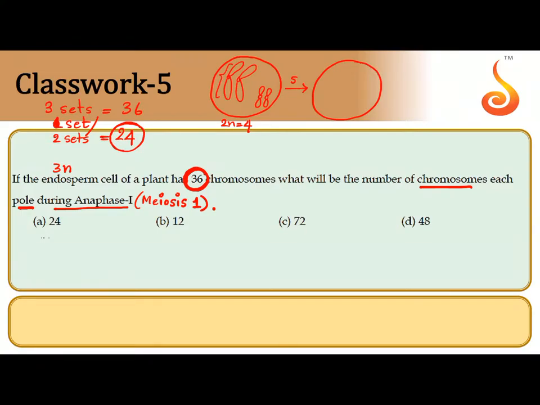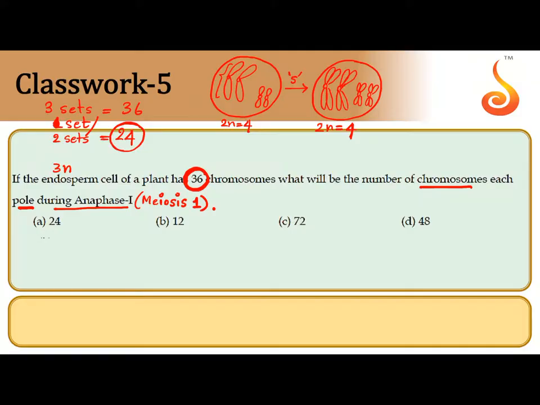So here you are seeing only 1 chromatid per chromosome, but now you will see 2 chromatids per chromosome. That means S phase DNA synthesis has happened here. So this is S phase, 2n is equal to 4.